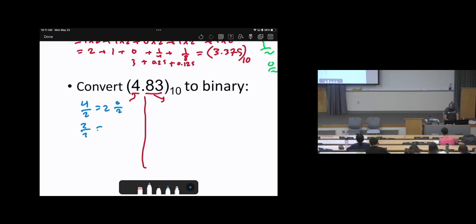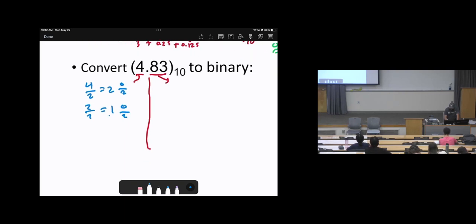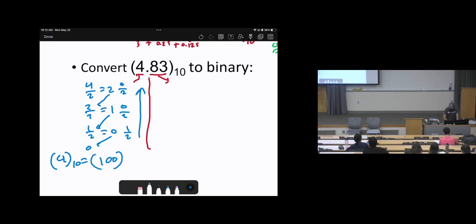Then 2 over 2 is 1, the residual is 0 as well. Then 1 over 2 will be 0. The residual is 1. Therefore, 4 alone is equivalent to, starting from the bottom to the top, 1, 0, 0 binary. Right?